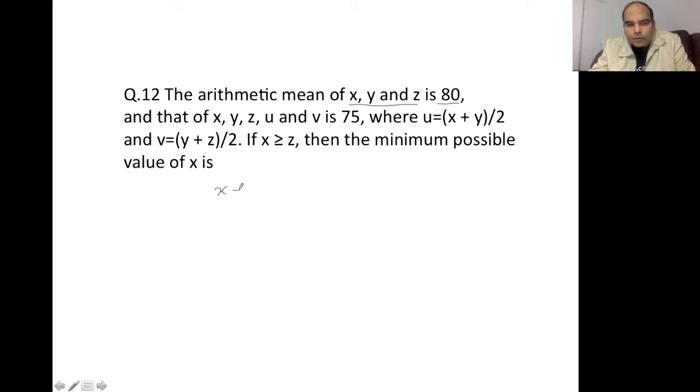First reaction. And the arithmetic mean of xyz, u and v is 75. So that means x plus y plus z plus u plus v is 375.